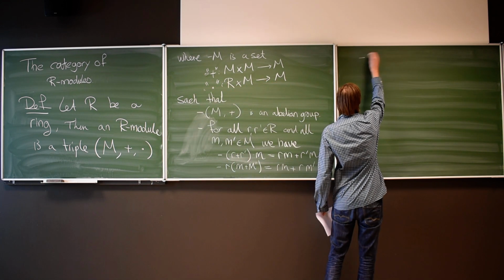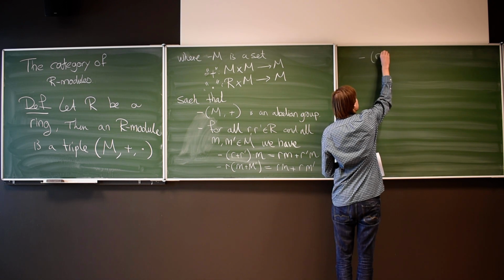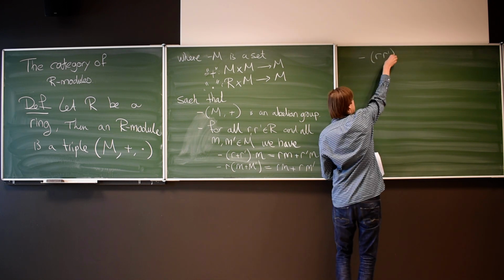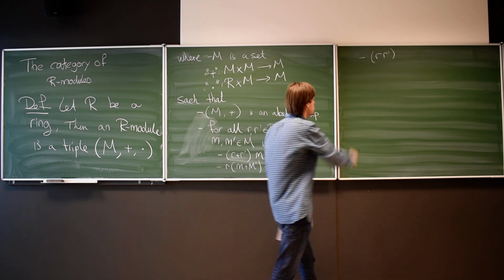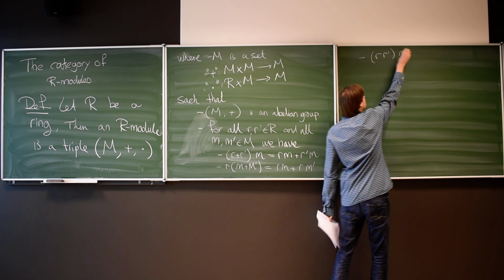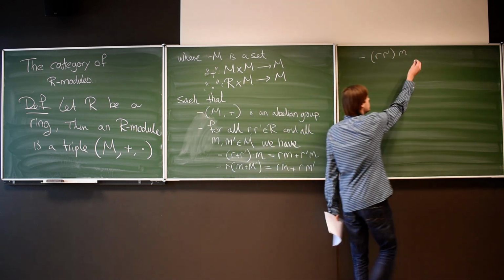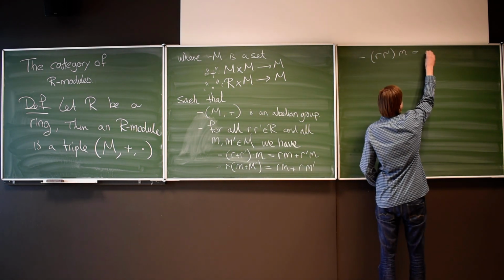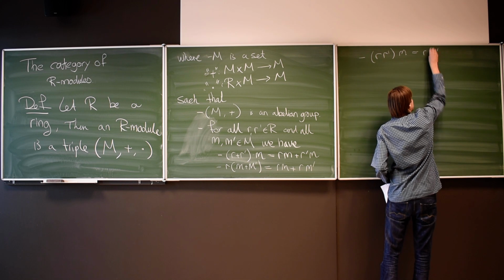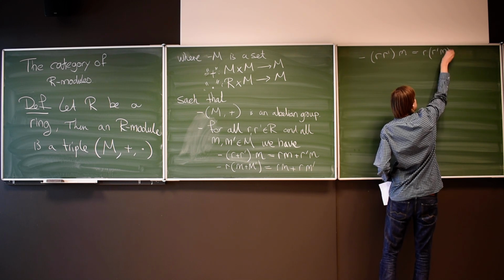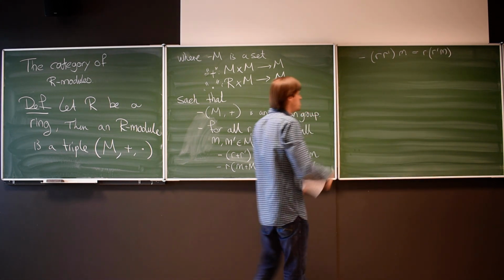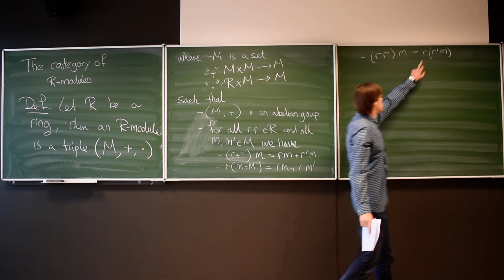The third condition is, if I multiply two elements in my ring, then of course I can let the product act on my element in the module, but I could also do it in two steps. I could first let r prime act on my element, get the result, and then let r act on it.